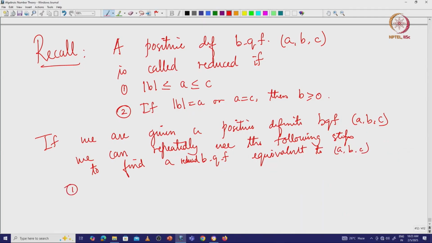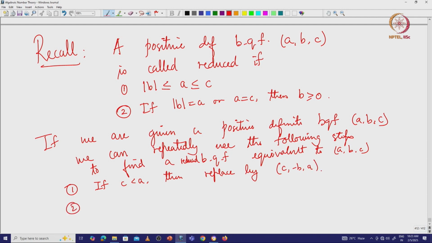And what is the first step? Well, the first step is if C is less than A, then replace (A, B, C) by (C, -B, A).